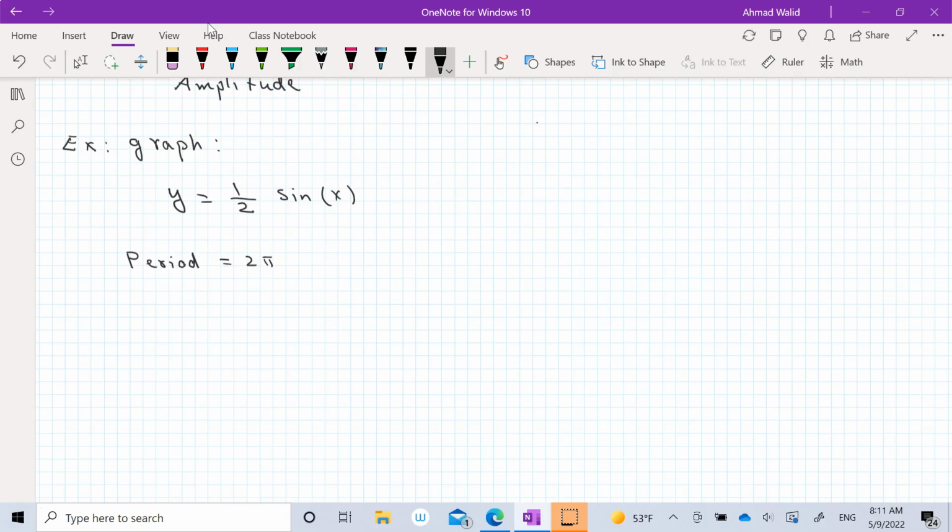Correct? Let's graph slowly. Please focus here on how I find those points, correct? The 4 points that I need. 1 point, 2 point, 3, and 4 point. Here I will mark it as 2 pi.